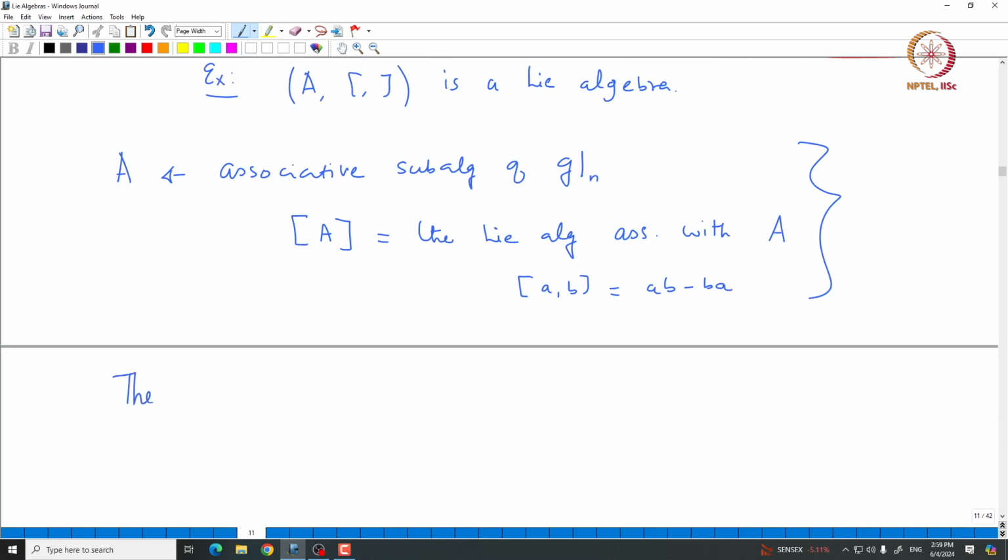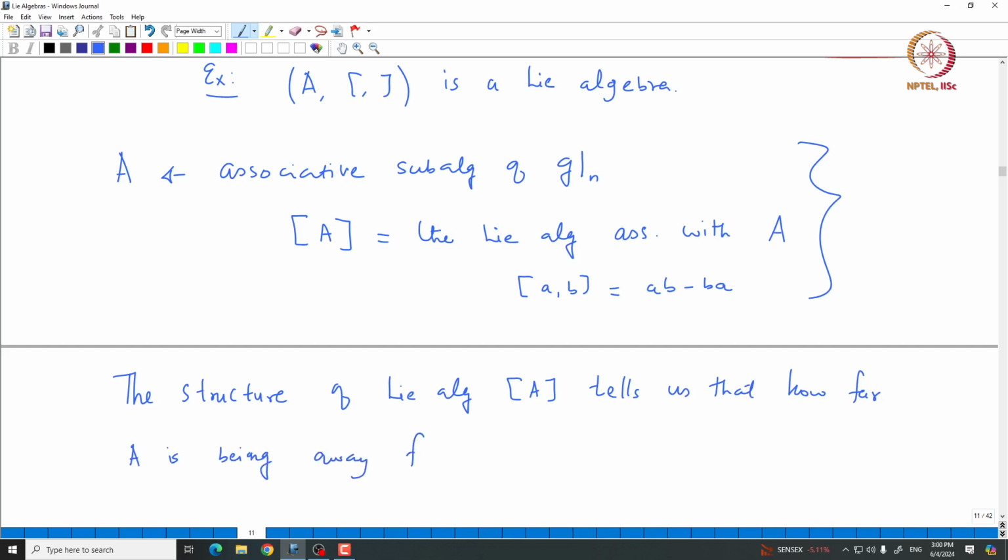The structure of the Lie algebra bracket A tells us how far A is away from being commutative.